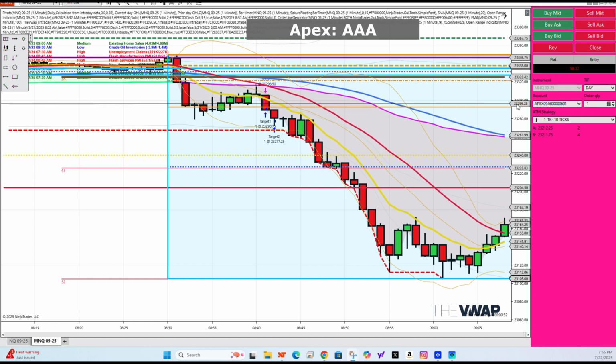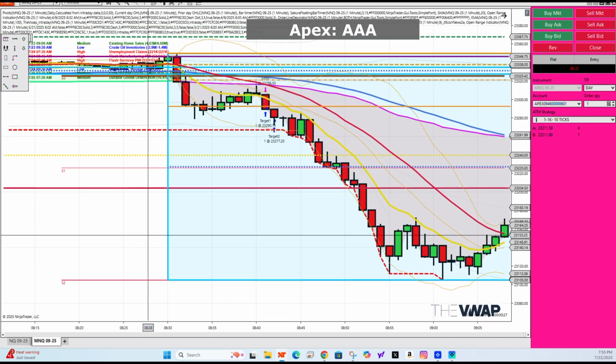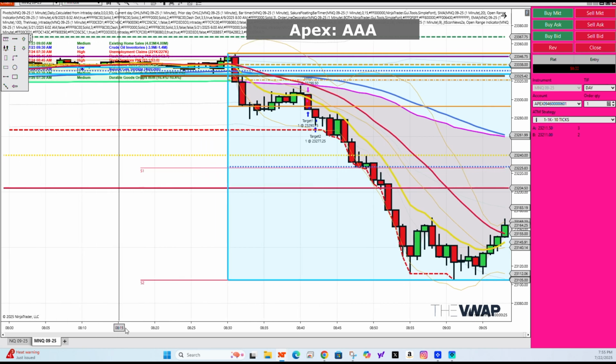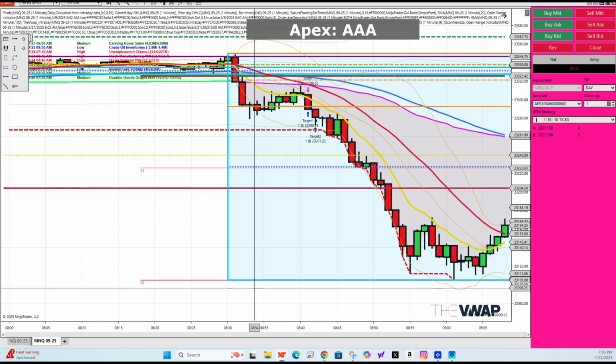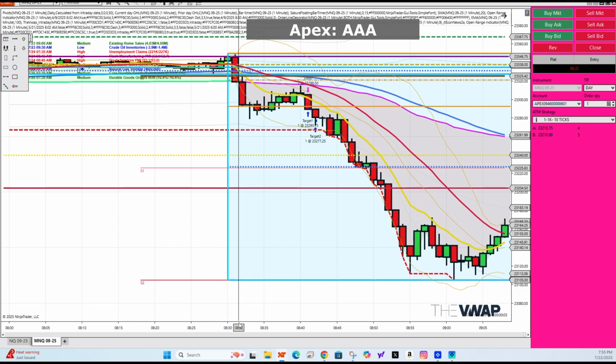I think I already have my chart up for you guys, and basically the trade happened pretty soon after the start of the New York session. Just to give you a little context, I usually have this opening range break indicator here, and it gives me the opening range for the first hour of the New York session.